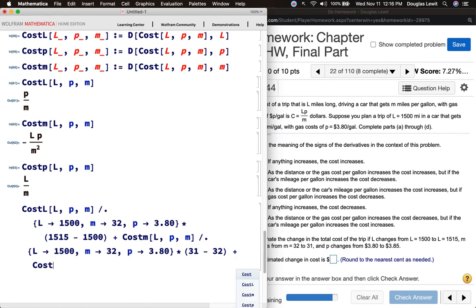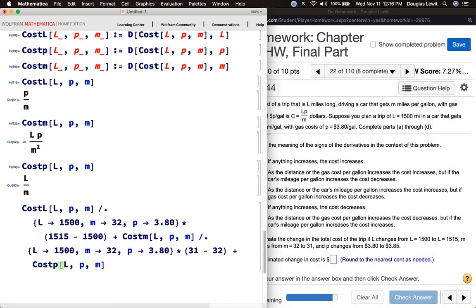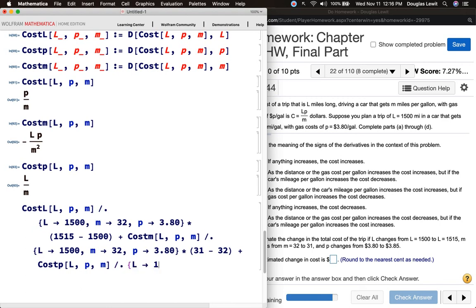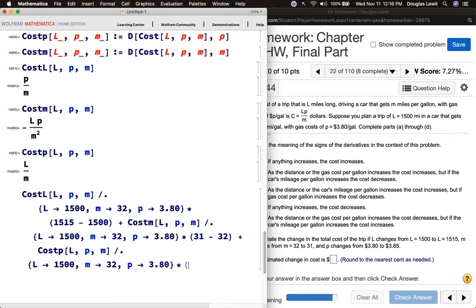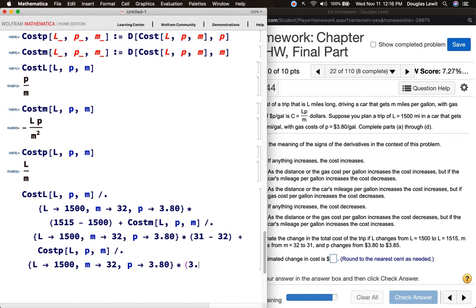And then the partial derivative of the cost with respect to P, with L replaced with 1,500, M replaced with 32, P replaced with $3.80, multiplied by $3.85 minus $3.80. So in each case, let me make sure we're doing this correctly. So we have 1,500.